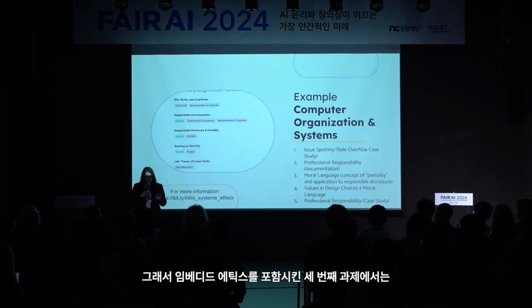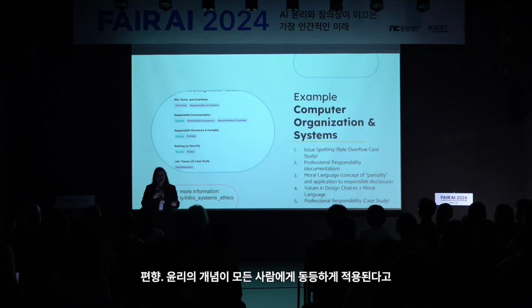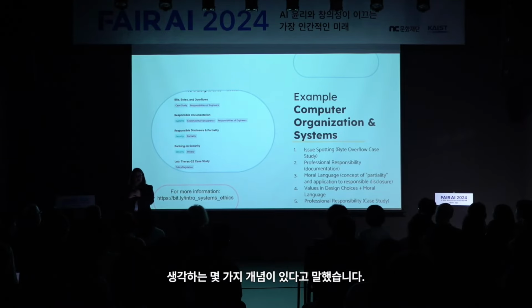So in the 3rd assignment that we included, we introduced some moral language that might not be familiar to all of the students: partiality. And we say, there are some concepts of ethics where we think that they apply to everyone equally, to all degrees.